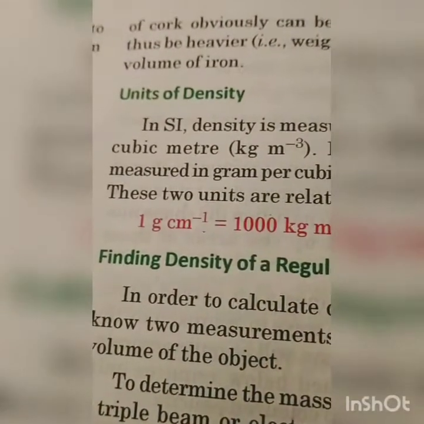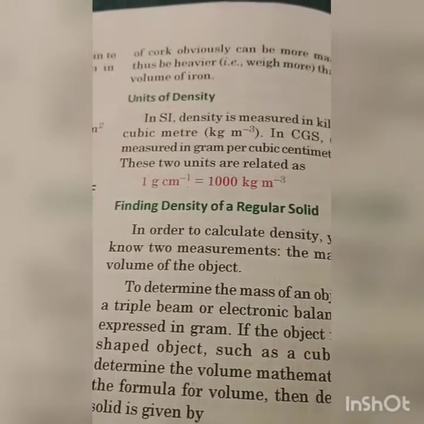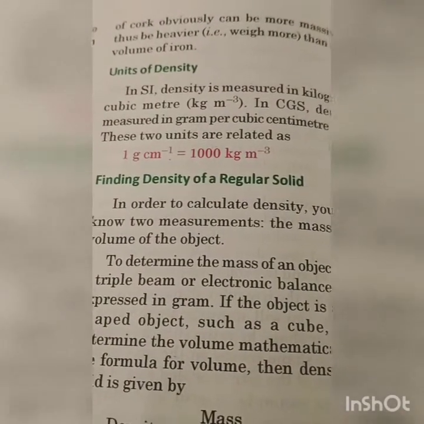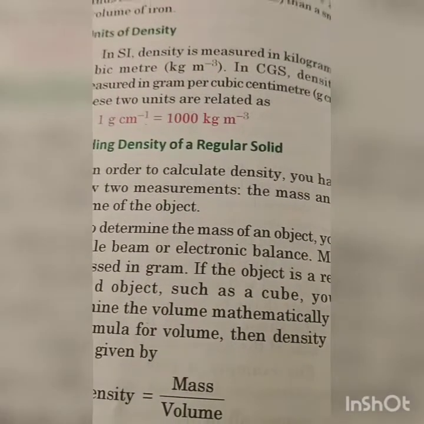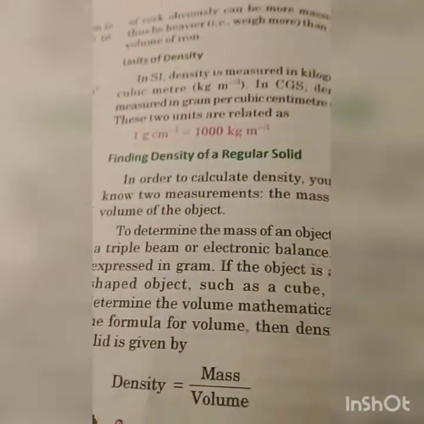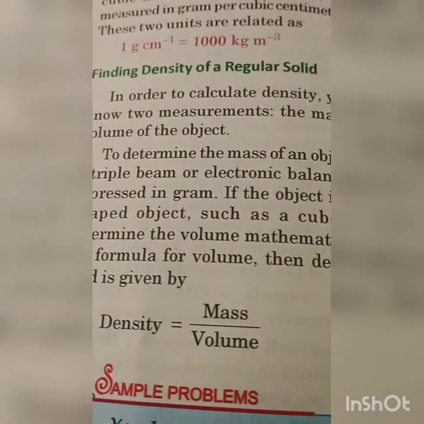Okay. Now how to find density of a regular solid? So we have seen in the formula, we need to know two quantities, that is mass and volume, to find the density.